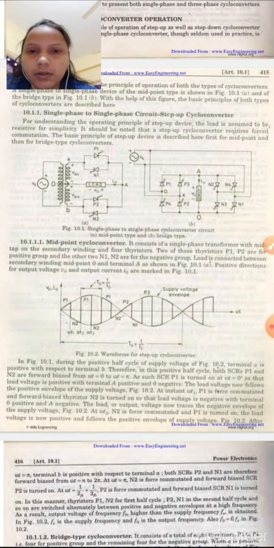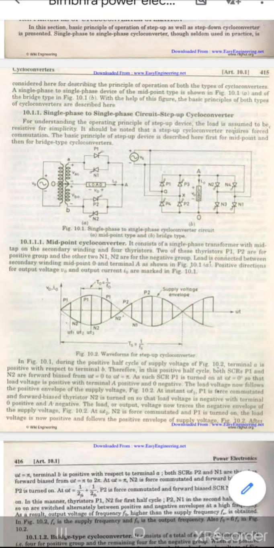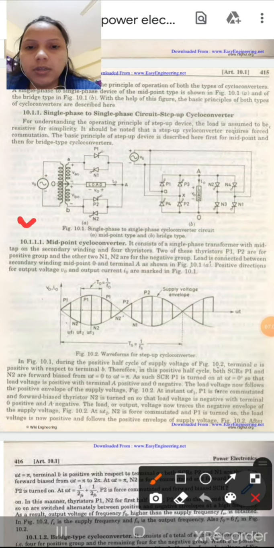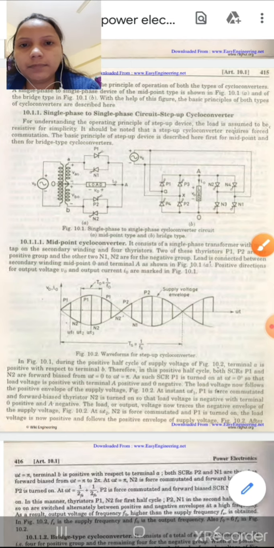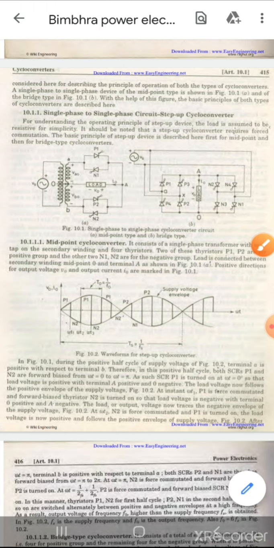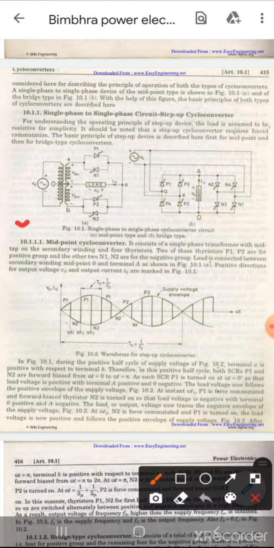First let's take the midpoint configuration. What happens in the midpoint configuration? This is the circuit. What you see is that supply Vs is given, then a single phase transformer is connected here.